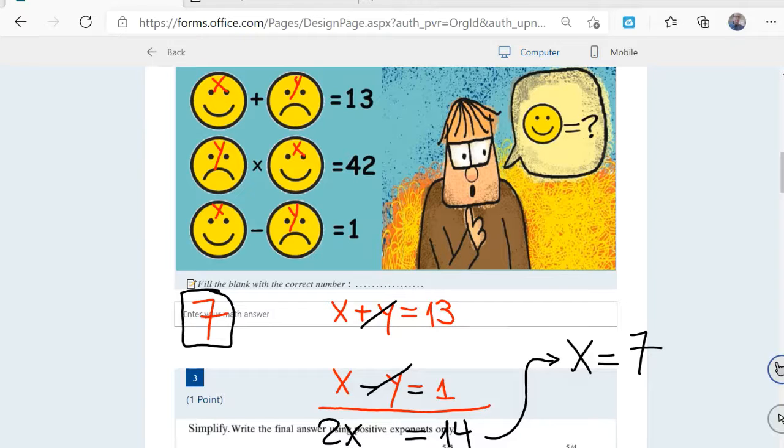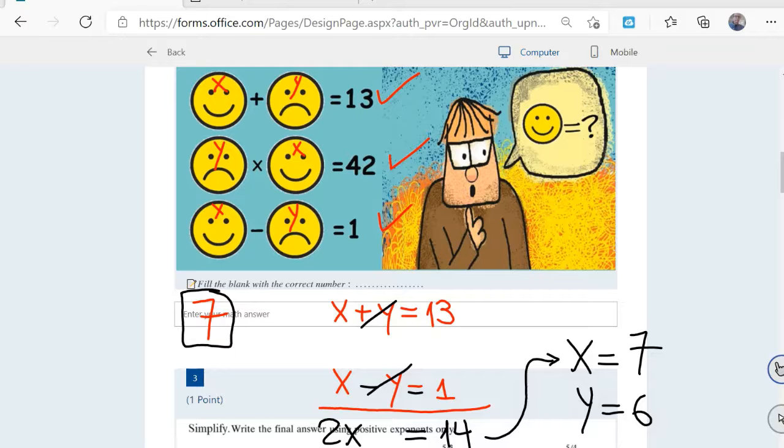I think 7 is going to be the right answer, but we need to check, right? If 7 is x, y is equal to 6. You plug into any of the equations, you find y equals 6. 7 plus 6 equals 13. That's right. 7 times 6, or 6 times 7, equals 42. And 7 minus 6 equals 1.